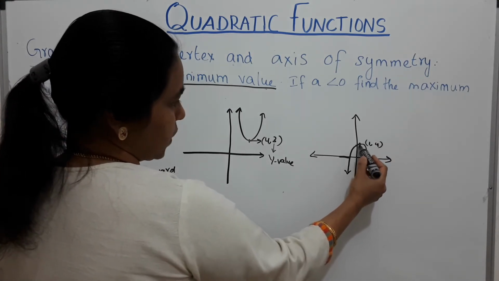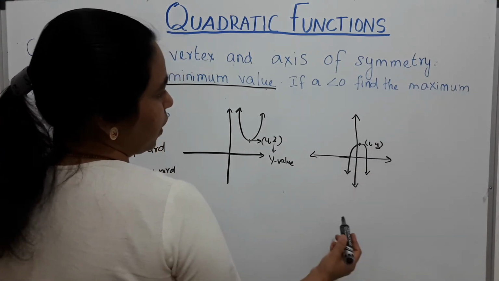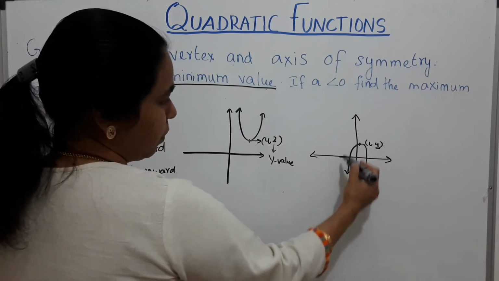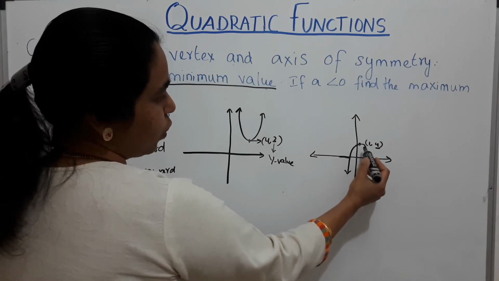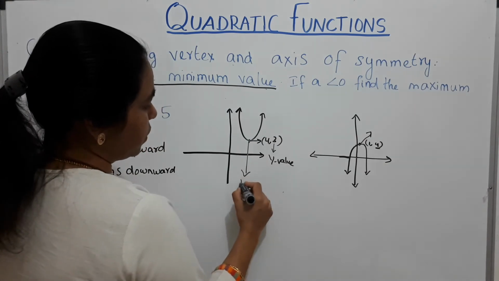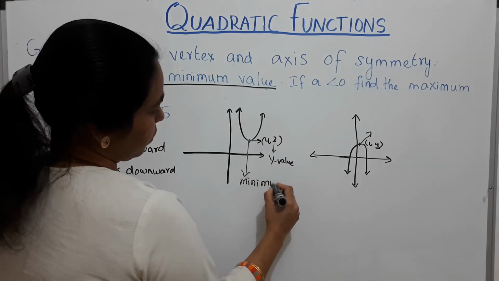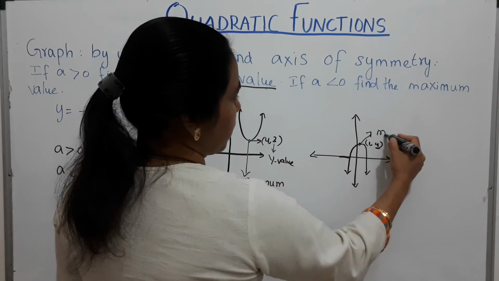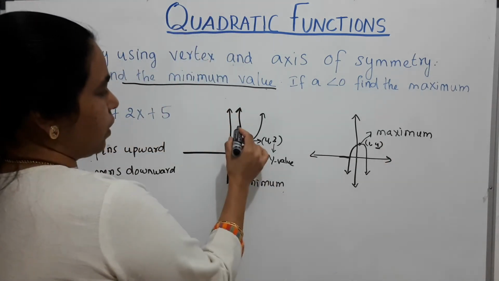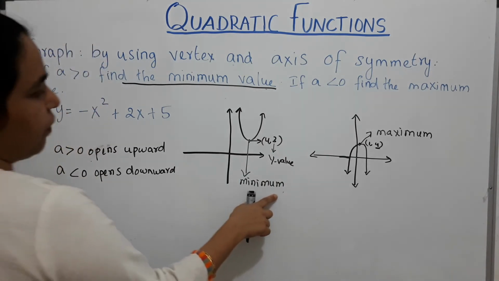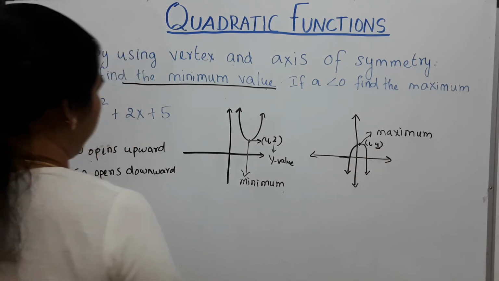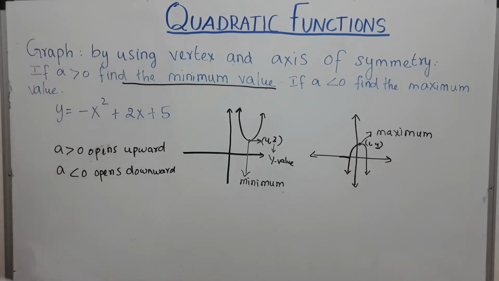Okay, so this is the vertex. So the y value will be the maximum value because other values will be lesser than this point. So this is the minimum value and this is the maximum. So when a parabola opens upward, it has a minimum value, and when a parabola opens downward, it has a maximum value. Let us continue with this question.